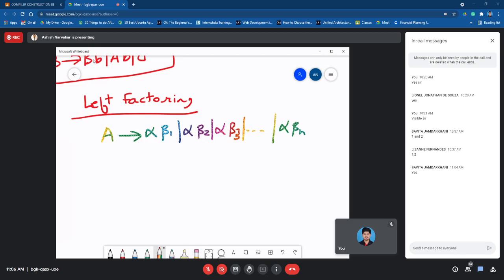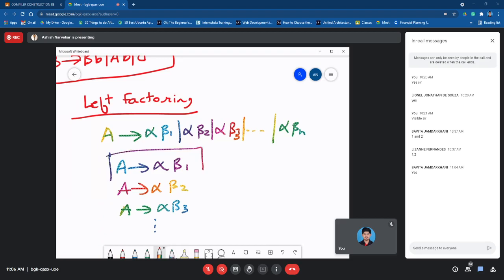Okay. Now here we can see that if I just split this, we have alpha beta 1, we have alpha beta 2, we have alpha beta 3, and so on. Okay, so if I just consider one particular production, you can see that A derives some particular prefix, and then I have beta 1.